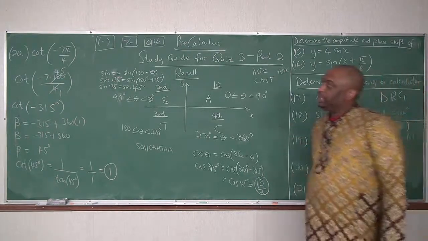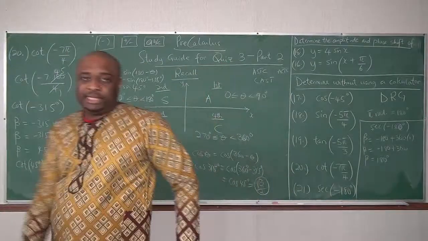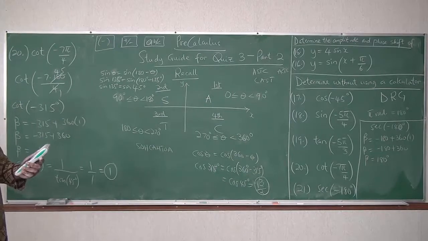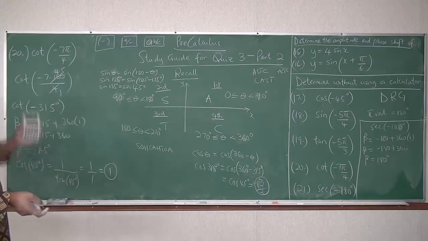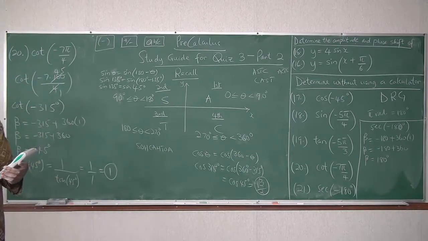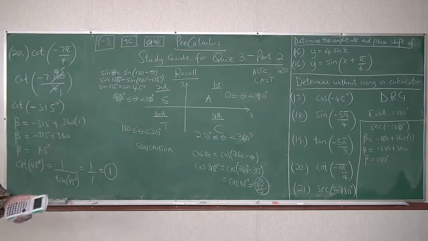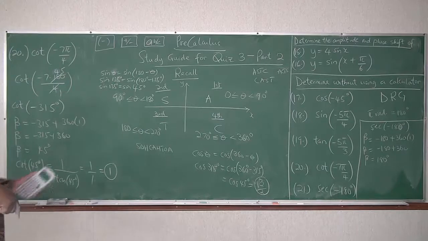Hey, I didn't check this. Let me check the cotan before I continue. I don't have a cotan function on the calculator, so I'll have to find tan of this first, then do 1 divided by that.